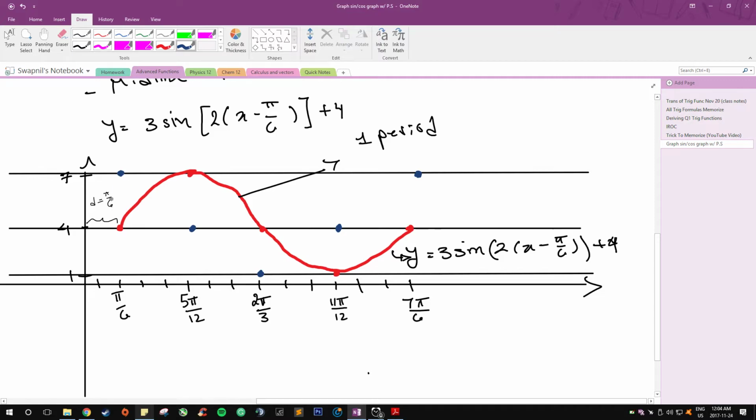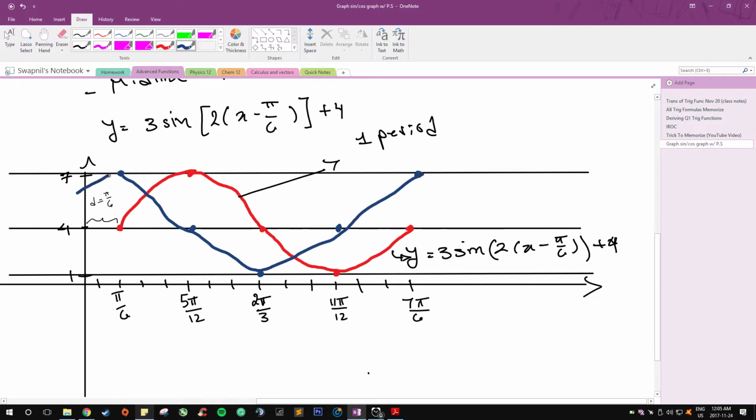Right? Because for the cosine, if this was just y equals cos x, this would be 0, 1, and -1. And for cosine, it starts at 1. So this would just look like this. Well, you get the idea. It looks something like this, right?